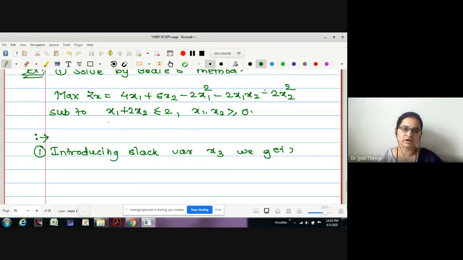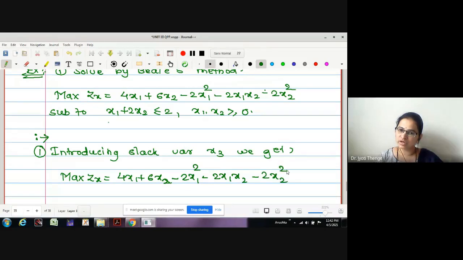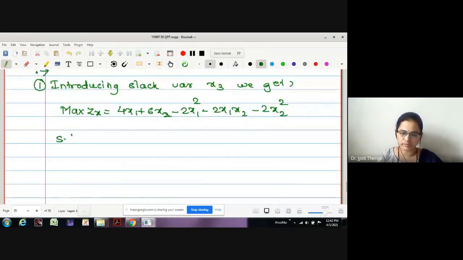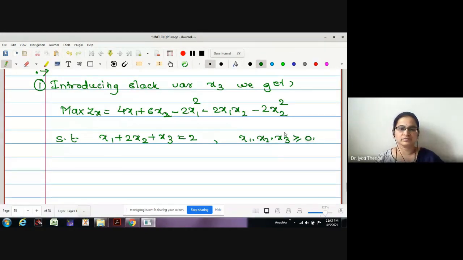Our problem becomes: maximize z(x) = 4x1 + 6x2 - 2x1² - 2x1x2 - 2x2², subject to x1 + 2x2 + x3 = 2, where all the variables are non-negative.